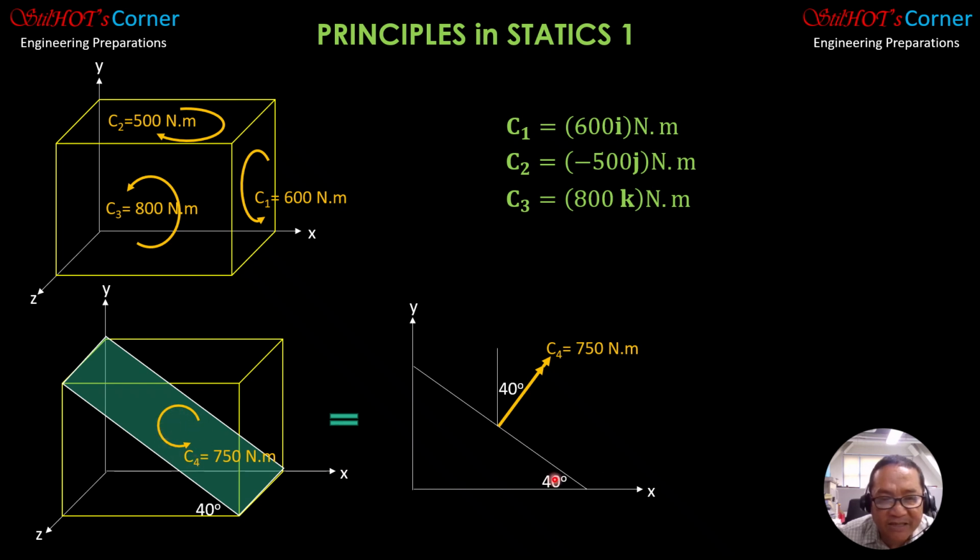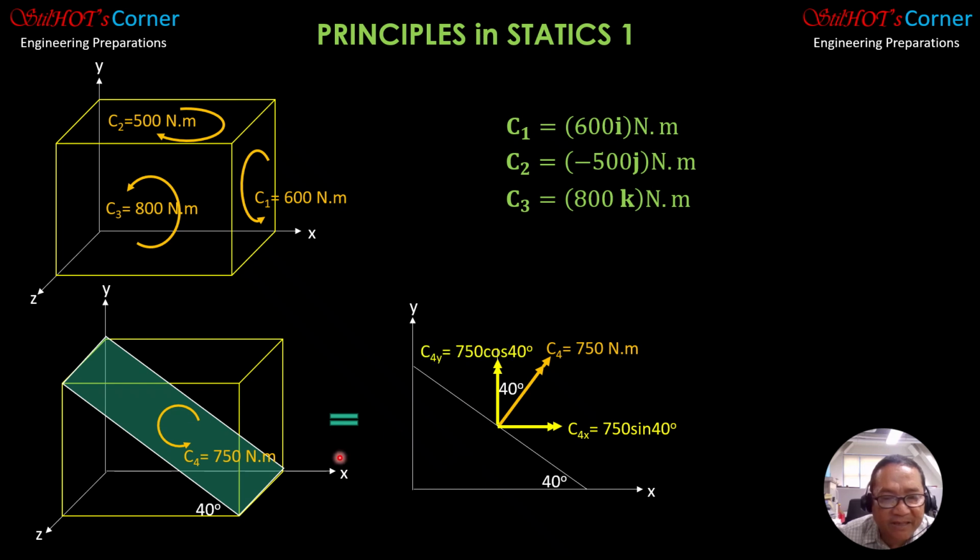Since this is 40 degrees and the angle between the normal, or perpendicular, and the vertical is also 40 degrees, the x component is rightward in that direction, which is 750 sine of 40 degrees, while the y component is pointing upward, and it is 750 cosine of 40 degrees.